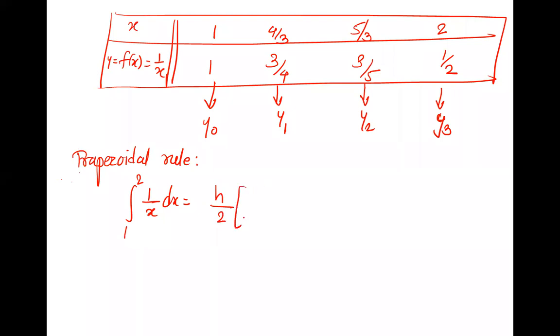Trapezoidal rule I'm writing: y naught plus y3, first and last, first plus last, plus 2 times remaining all. So y1 plus y2 remains. So add them.